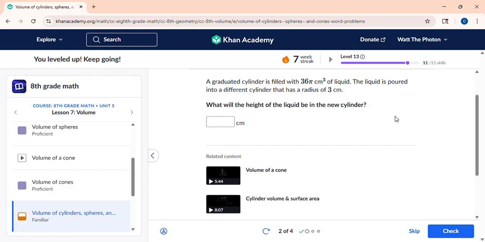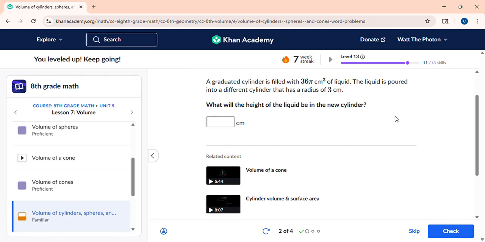So let's see. A graduated cylinder is filled with 36 pi cubic centimeters of liquid. The liquid is poured into a different cylinder that has a radius of 3 centimeters. What will the height of the liquid in the new cylinder be? So we find the area. 36 pi is equal to pi times 9 times h.